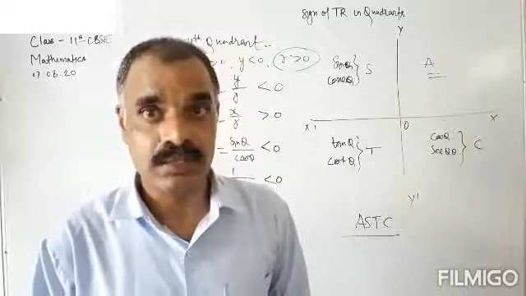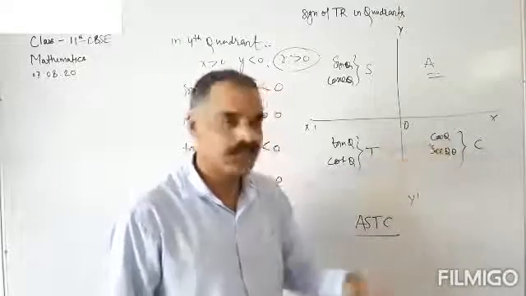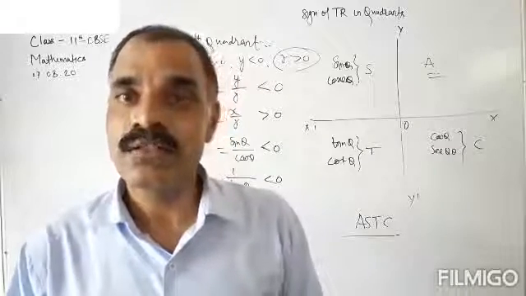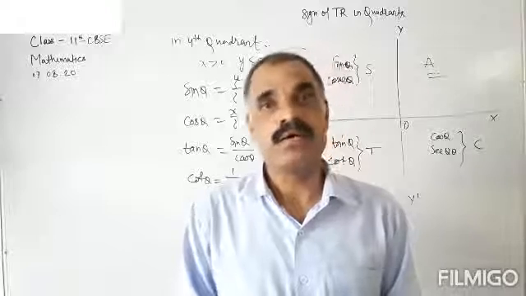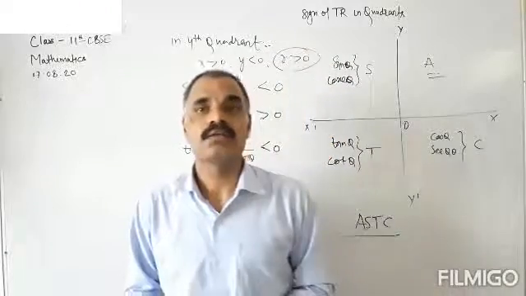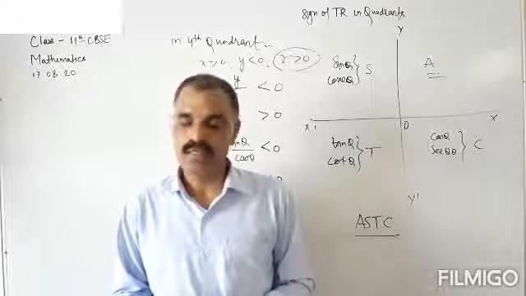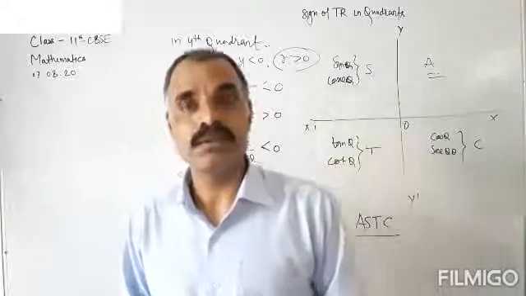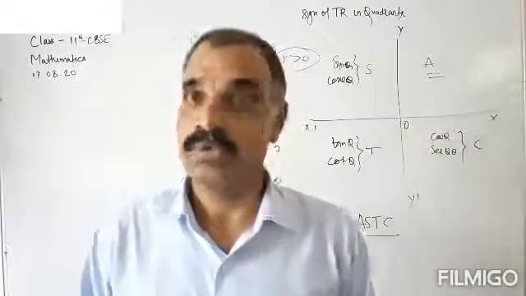And C means cos and its reciprocal sec are positive, and sine, tan, cot and cosec are negative in the fourth quadrant. In this way we can learn how to know the sign of trigonometric ratios in different quadrants. Okay, thank you.